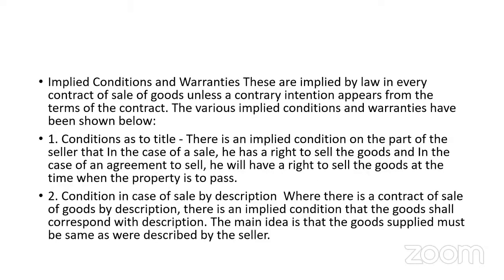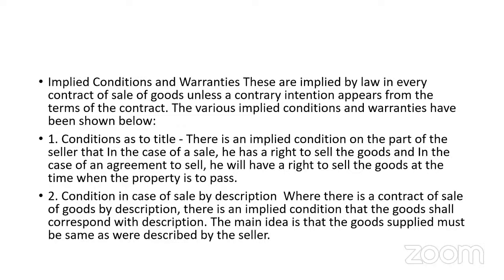But sometimes these conditions and warranties are implied also. That means you need not make those representations every time. Right? So what are those implied conditions? Let us first look at implied conditions, then we'll go to implied warranties. The first one is condition as to title.